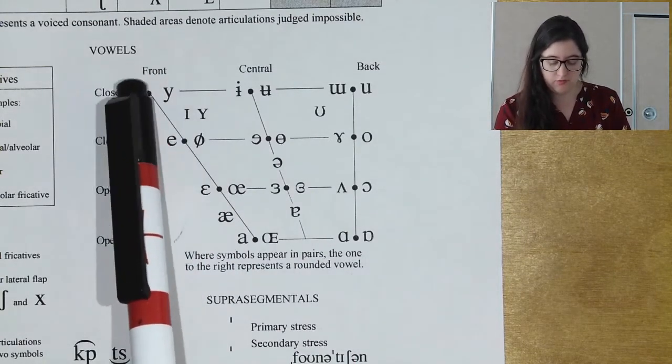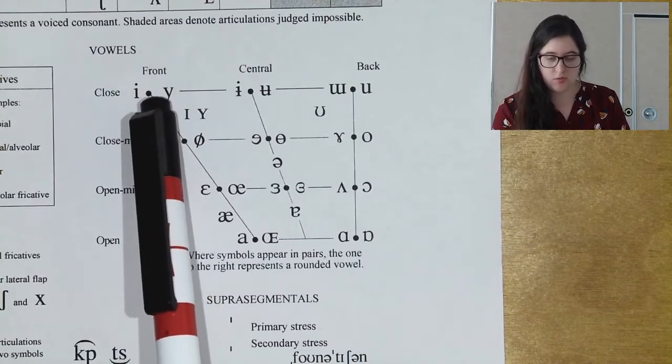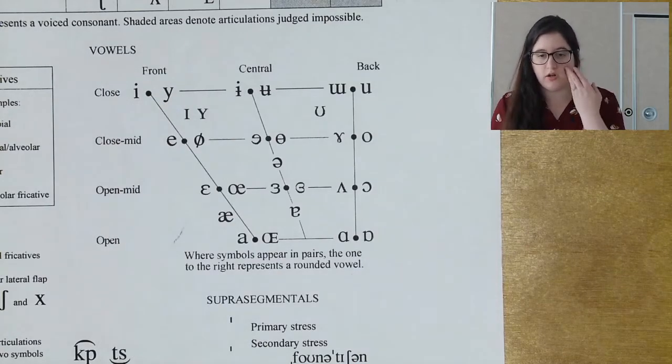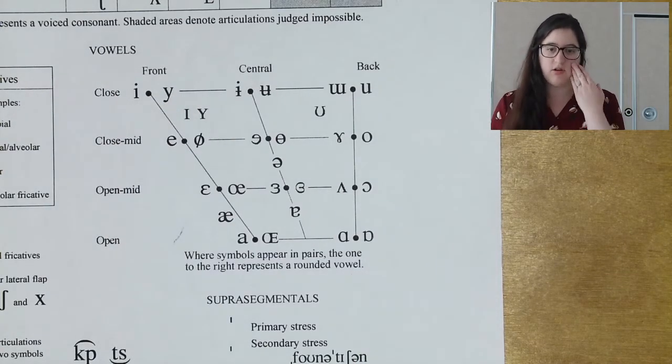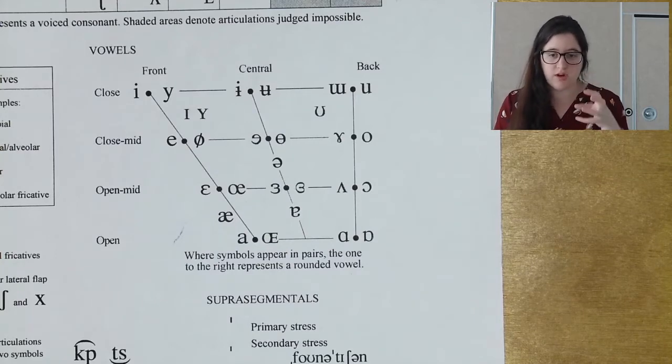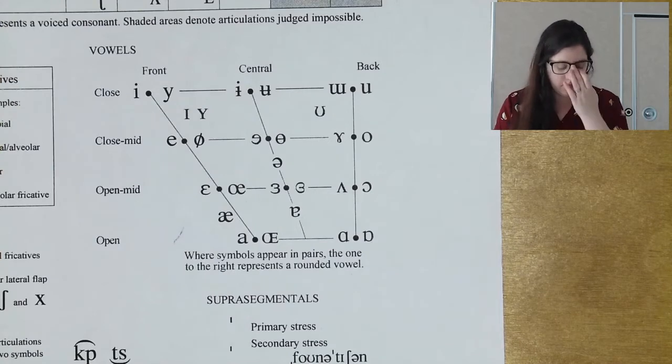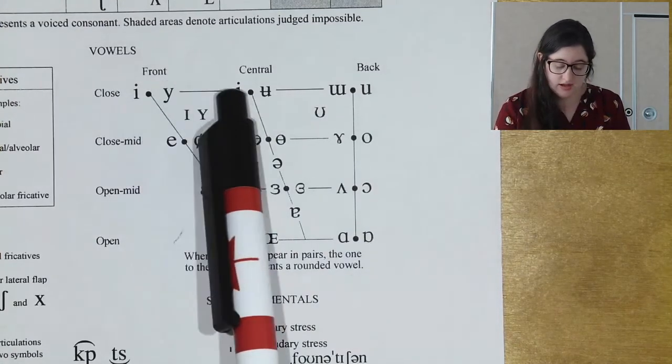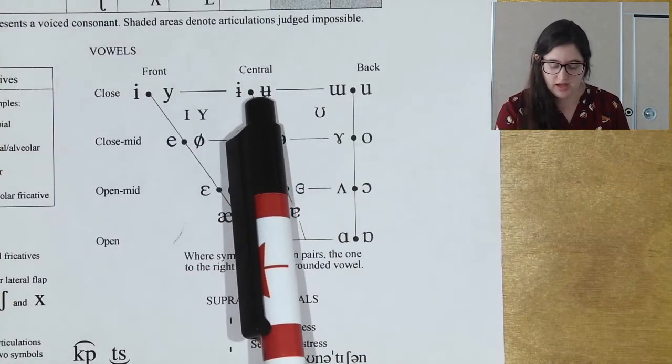So the front refers to where your hard palate is, not the front of your mouth, but the front of the area where your tongue moves around when you're making vowel sounds. Central would be a little further back than that.